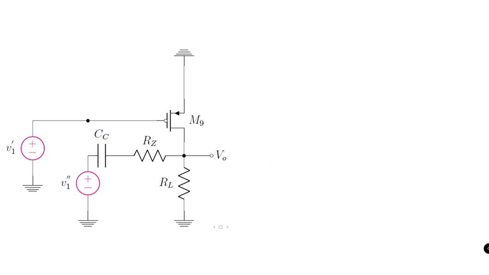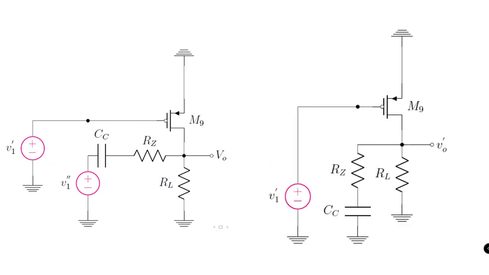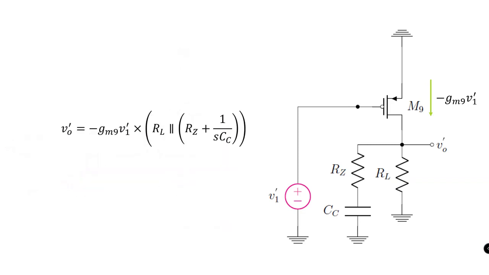First, let's analyze the output response with V1 prime while suppressing the V1 double prime potential. So this produces a drain current which is given as minus gm9 times V1 prime, which when it flows through the parallel combination of RL and RZ with CC, produces an output expression which is expressed as something like this.